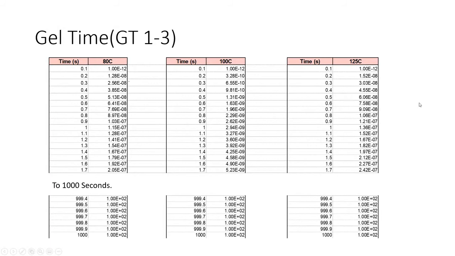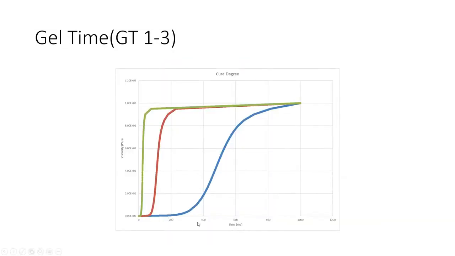We go from e to the -12 to e to the +12, and in 1,000 seconds we've always reached full state of cure. That's the check here. And then we can take this data, cut and paste the individual data points, and create graphs that look like this. Note that they're all based on a state of cure measurement, and they all come to equilibrium at 100%, or put as a basis is a better way to say that.